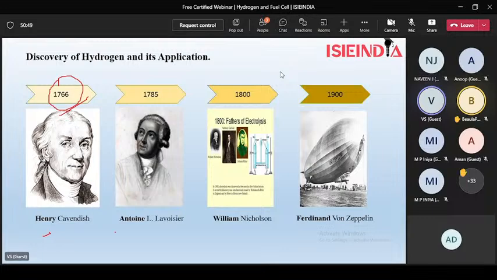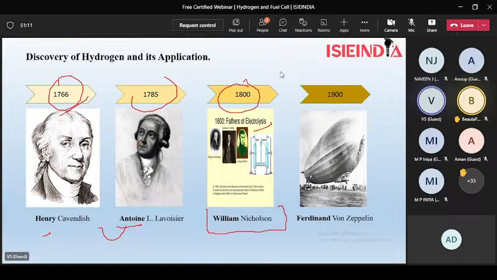Then in 1785, a scientist named Anthony performed an experiment and gave the name hydrogen to that distinct element. And in 1800, William Nicholson was known as the father of electrolysis.